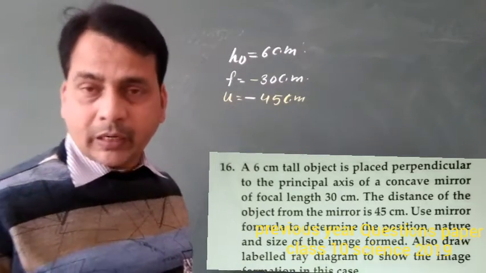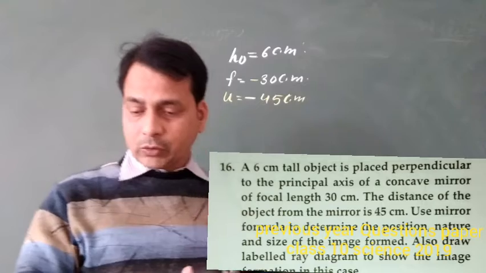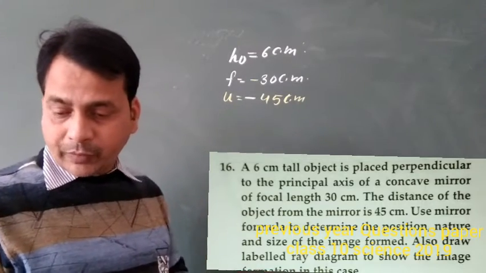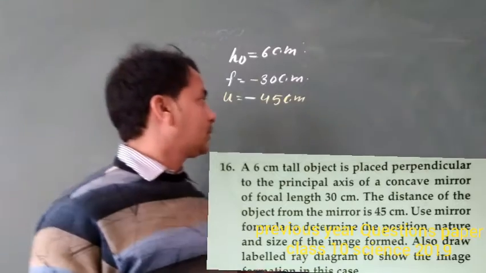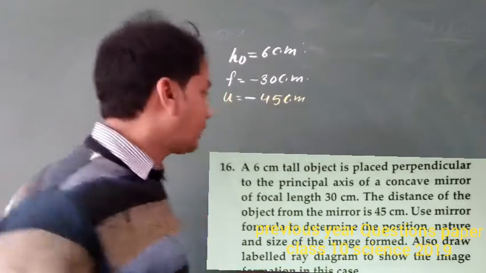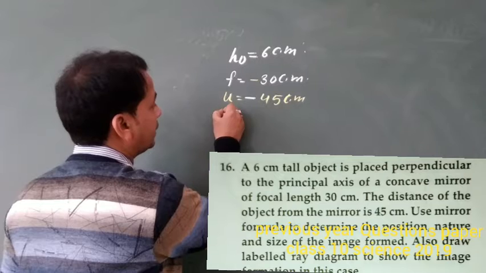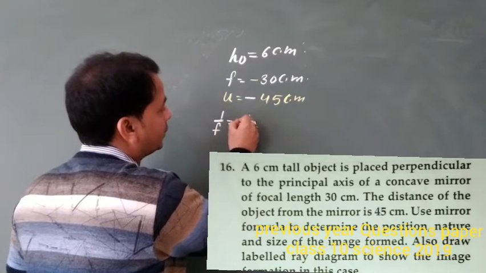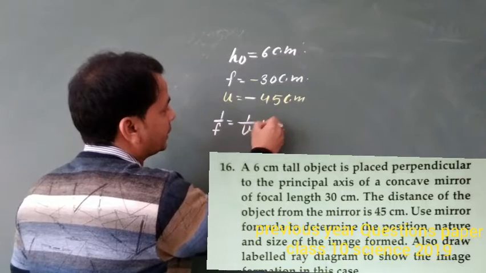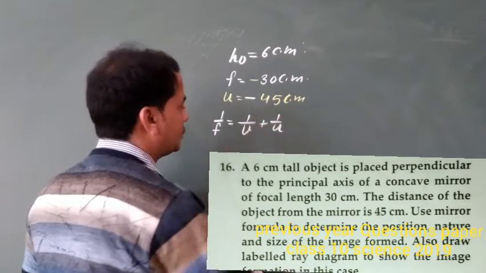Next, use the mirror formula. According to this question, apply the mirror formula to determine the position, nature and size. So the mirror formula is 1 by focal length equal to 1 by v plus 1 by u.